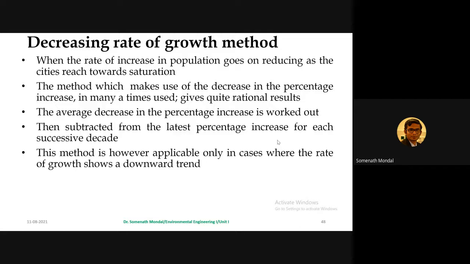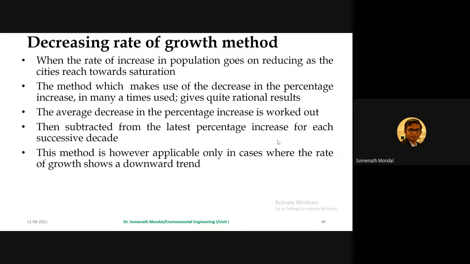Since the rate of increase in population goes on reducing as the cities reach towards saturation, there was the population S curve which we actually discussed in the previous class. If you can remember, there was a point where the population can reach saturation for a particular city. Now, once it reaches that saturation, then the increase in population goes on reducing.